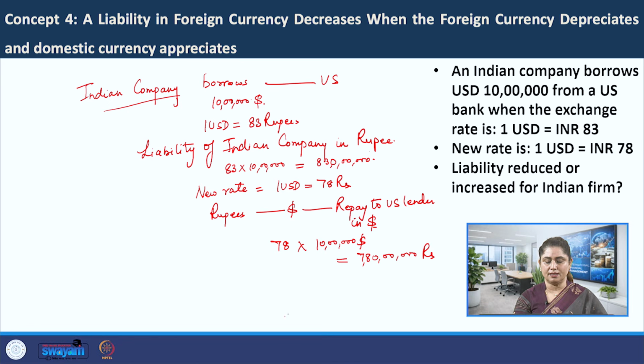So, we can see that the liability has gone down when the foreign currency is depreciating and the domestic currency is appreciating.